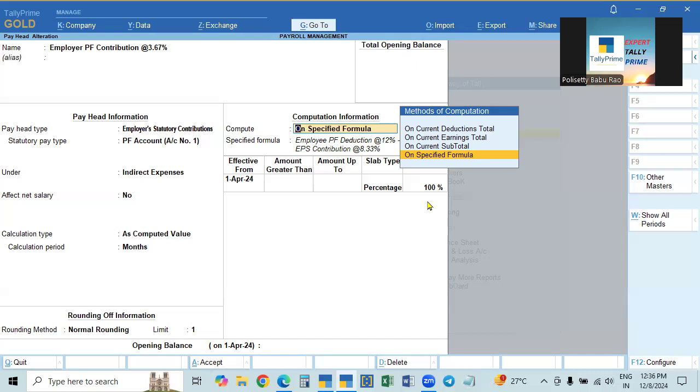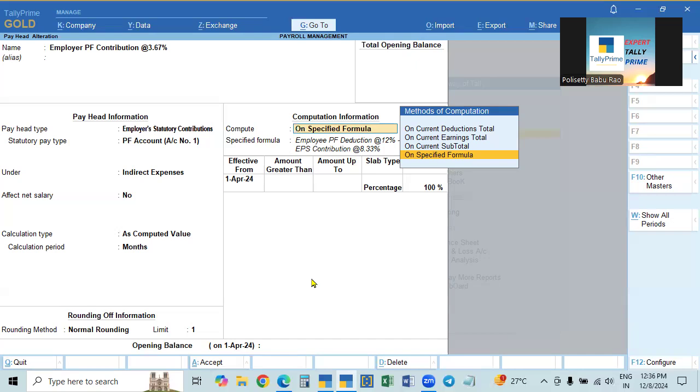If you deduct that, the balance amount will be 3.67%. We need not take all the Provident Fund, basic, DA, all these. From the 12% contribution deducted from the employee, deduct the 8.33% contribution to EPS you calculate.